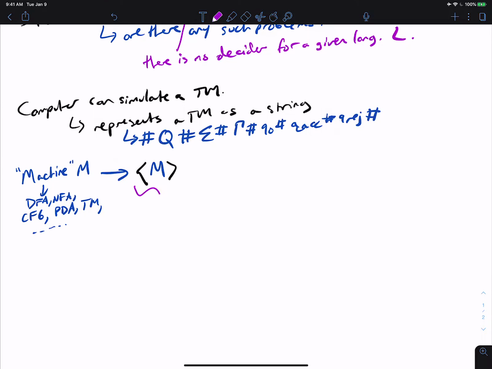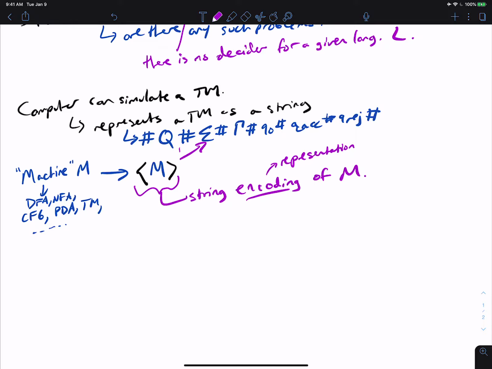So what this is representing is the string encoding of M. And encoding just means string representation. So it's exactly this string over here. The example that we gave is one possible encoding of the machine.